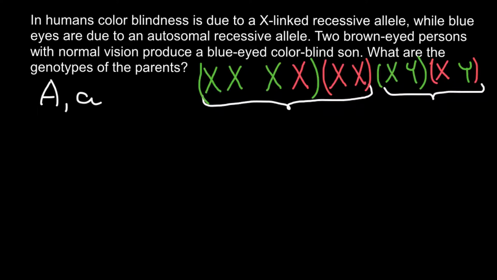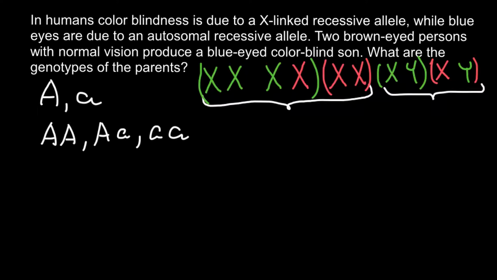And we can get the following three genotypes in a diploid organism. It can be capital A capital A, capital A small a, and small a small a genotype.